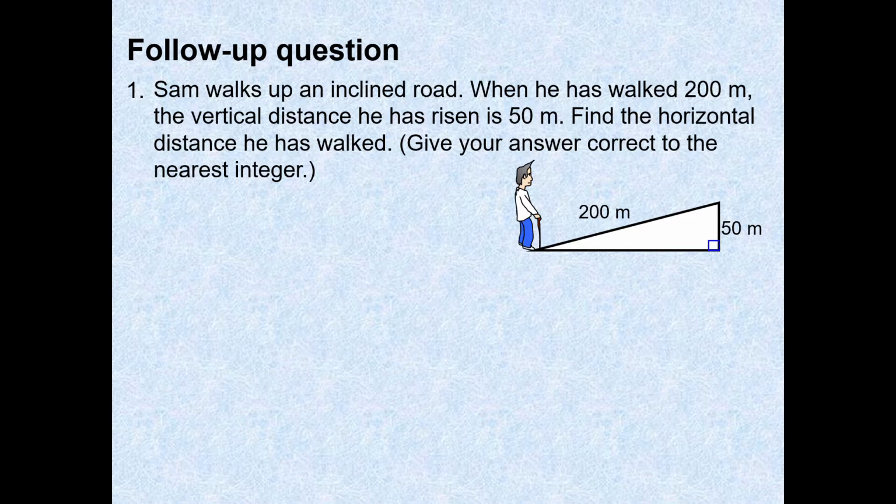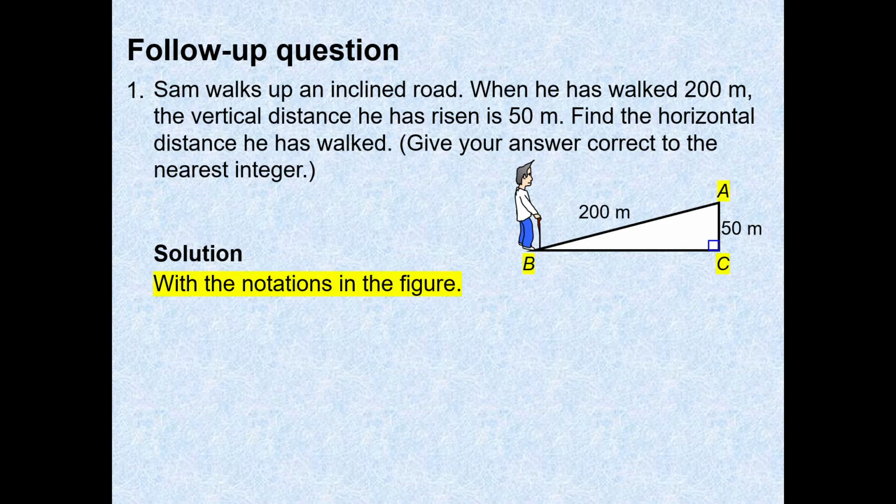So now, what is our first step? We have to label the figure, right? So with the notations in the figure, we write down and label A, B, and C in the figure. In step 2, since we have the right angle given in the figure here, because angle ACB is a right angle, we can apply the Pythagoras theorem.